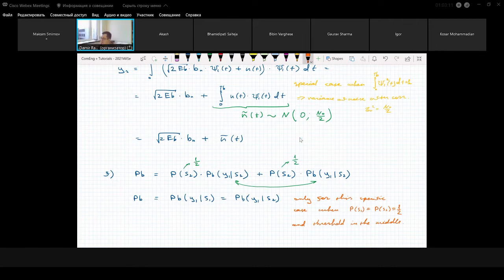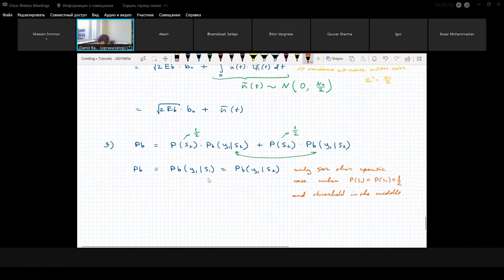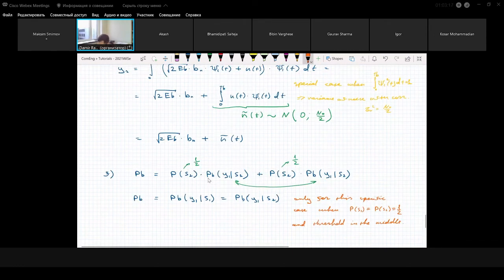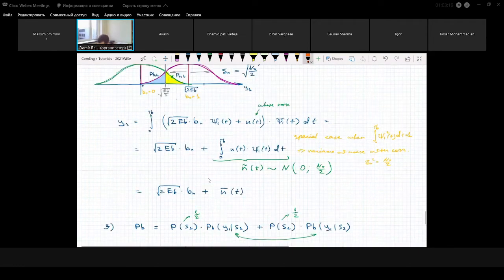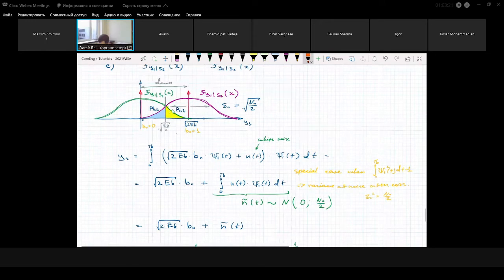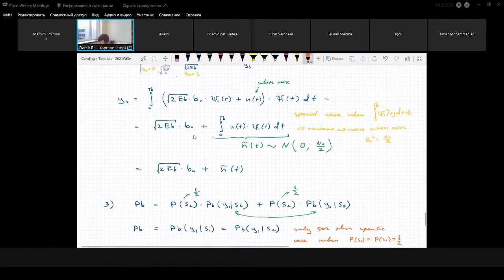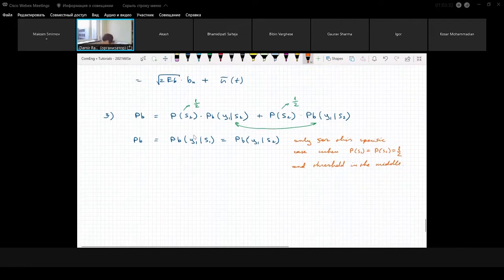If these two conditions are satisfied, then you can just use this simplified version. And as a result, what do we need to do to calculate the probability of bit error? We need to calculate either the yellow area or the area of the blue region, depending on which one is easier to calculate.